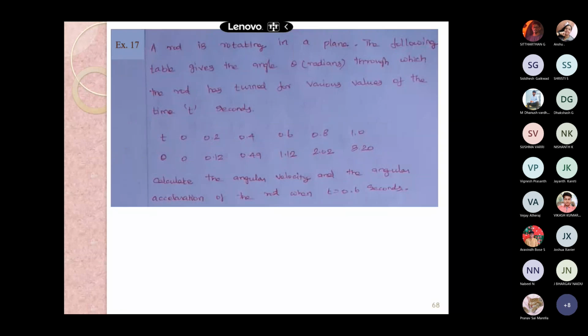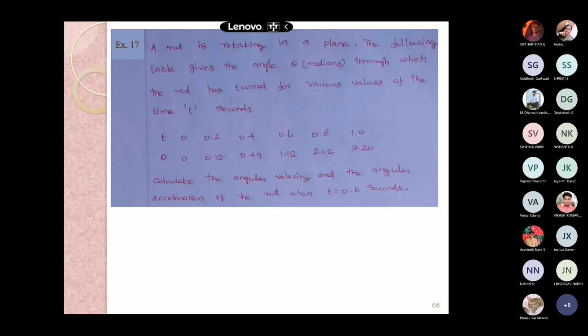A rod is rotating in a plane. The following table gives the angle theta in radians through which the rod has turned for various values of the time t in seconds. When t is 0, there is no rotation.